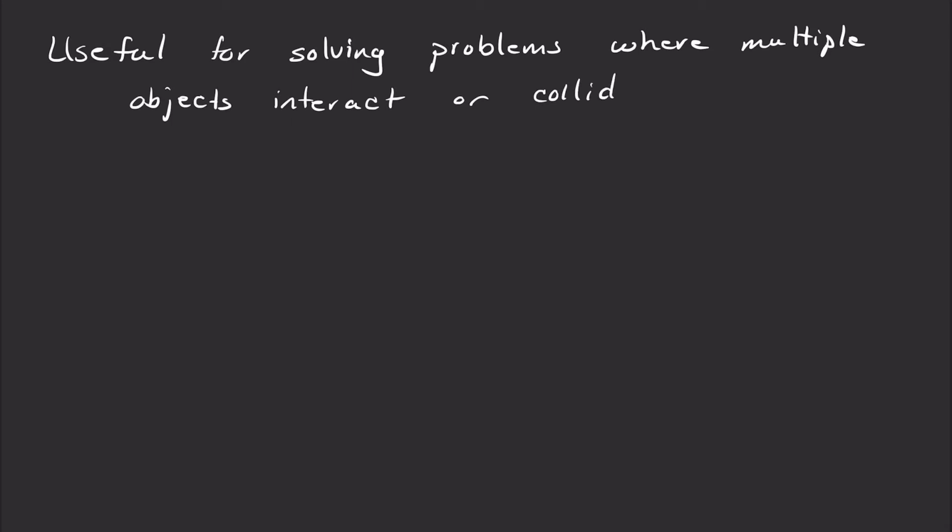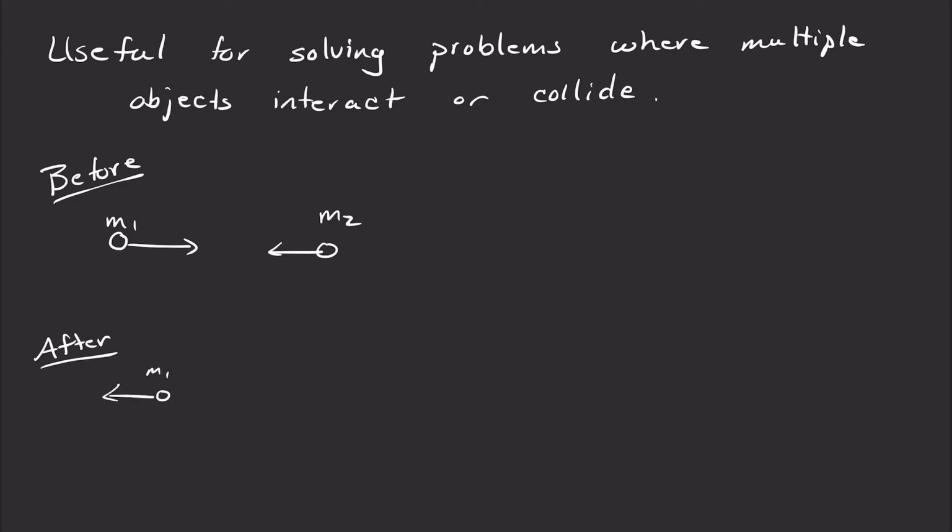When you have things colliding like billiard balls, maybe before you have a system of two billiard balls going toward each other, and then after they collide and bounce off each other, now they're going different directions.